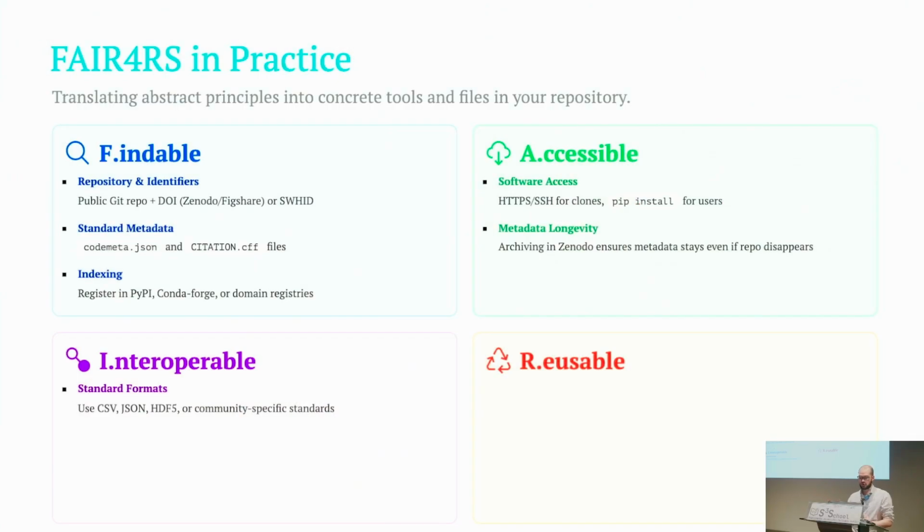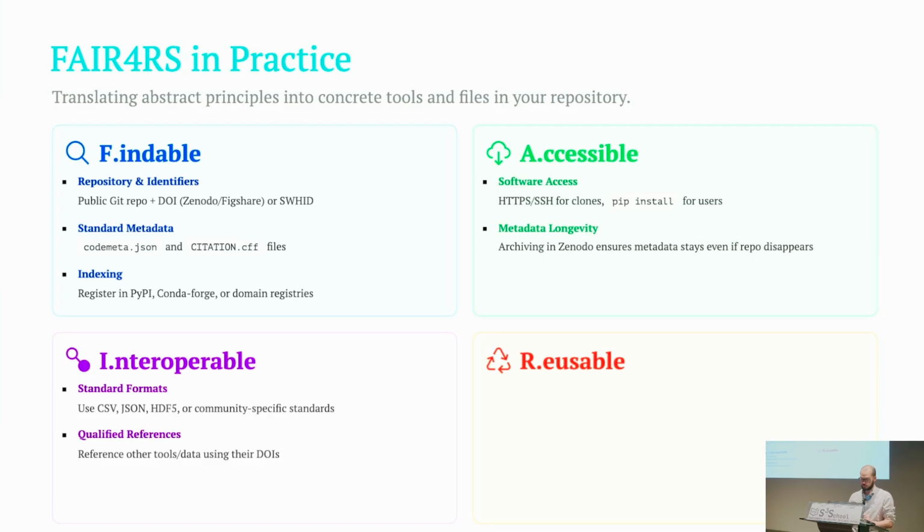For the standard formats, there are some formats that are used in all the domains, CSV, JSON, HDF5, but you can have also community-specific standards, and you should really use these, for example, for the output of your software, so people can reuse your software.